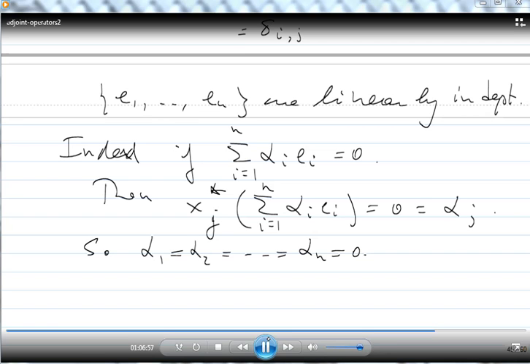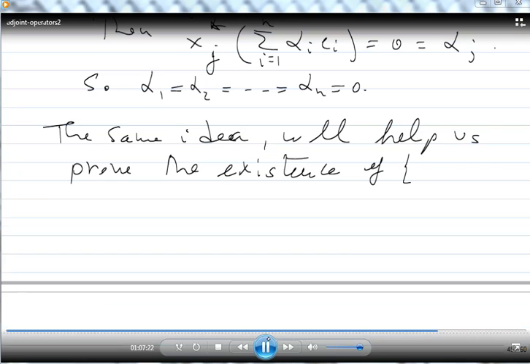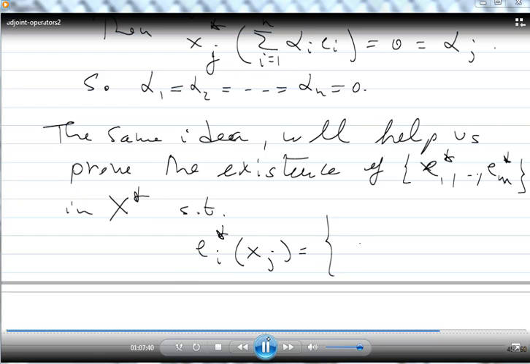Great. Same proof, same idea will help us prove the existence of another family, e1 star, ..., em star in X star, such that ei star of xj equals 0 if i is different from j, and 1 if i is equal to j, and this is for i and j between 1 and n.